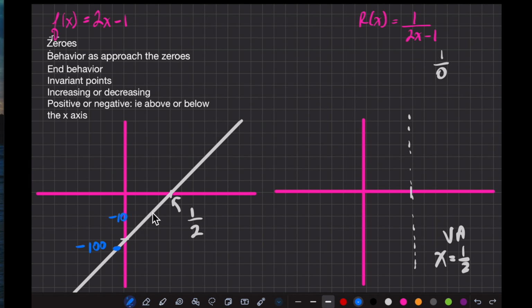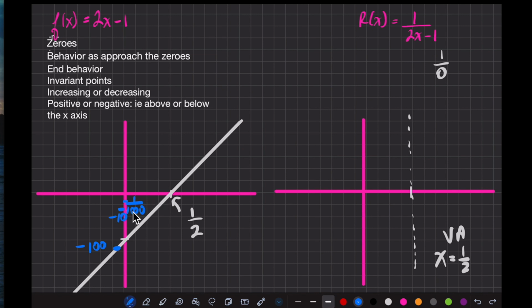Then -1. Then -1/10. Then -1/100th. Then -1/10,000, a huge number. All right? So as we approach this 0 from the left, the original graph is approaching -1/10,000. That's just below 0.